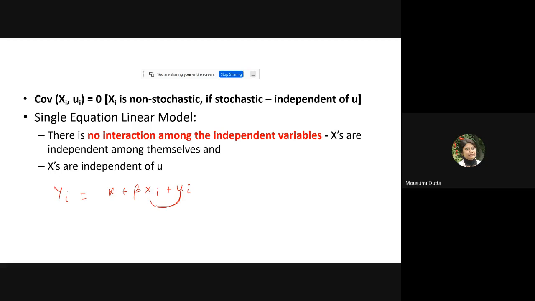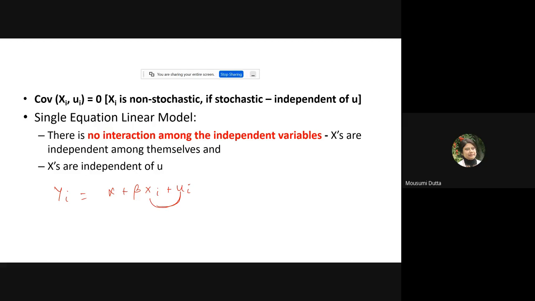Xi may be random or stochastic, and if that random or stochastic variable is independent of ui, then also the assumption will be satisfied. So in most of the books, or under most of the circumstances, you will find that we are considering xi to be non-random.